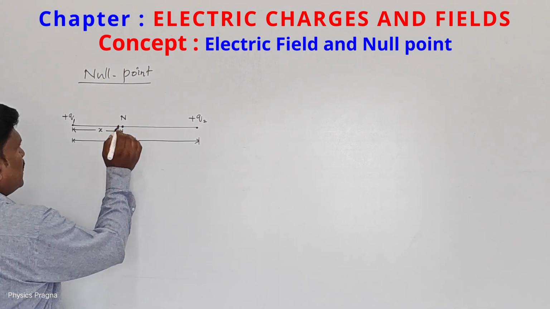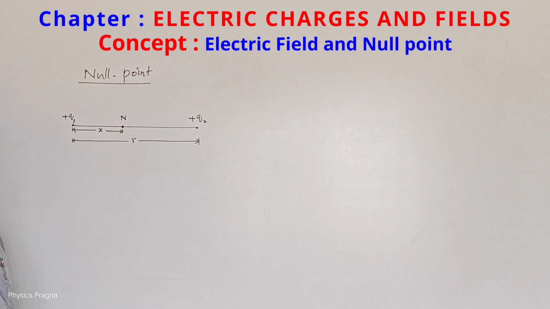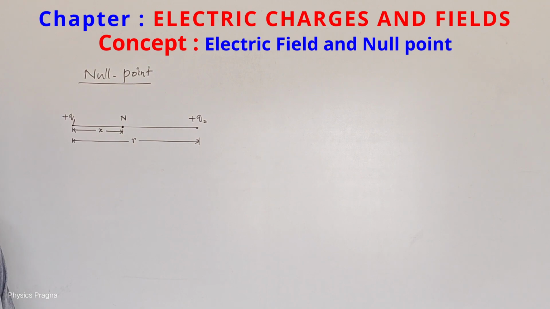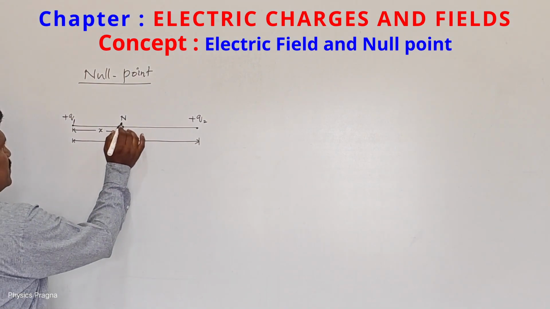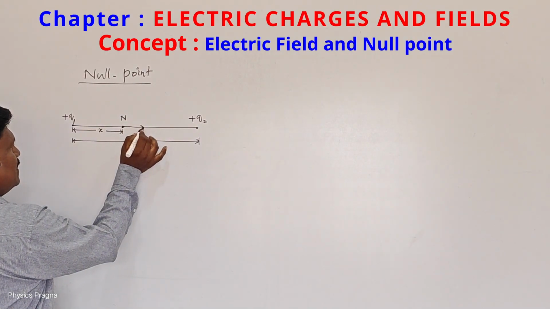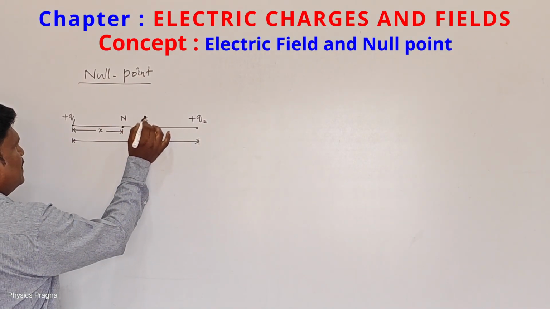How? See, at the null point N, wherever we want to calculate the electric field, there we assume a unit positive charge is present. This plus will be repelled by this one in this direction. So this is the electric field.